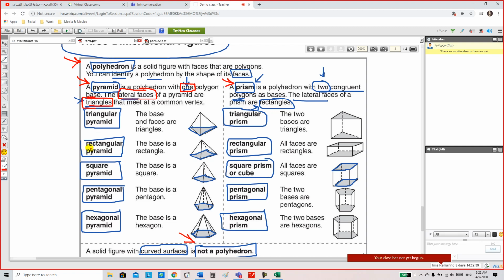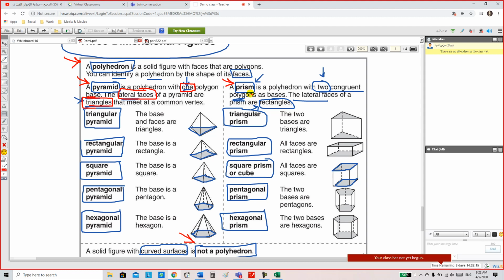And the second one, rectangular pyramid, the shape of the base is rectangle and we have one base, so it will be pyramid. Square pyramid, the base is square. Pentagonal pyramid, the base is pentagon. And hexagonal pyramid, the base is hexagon.